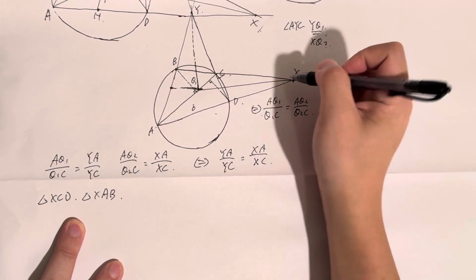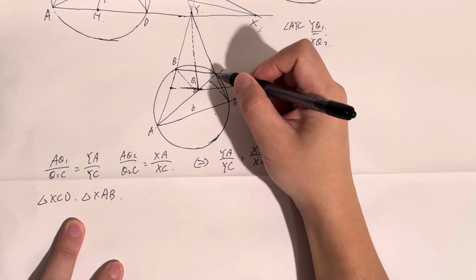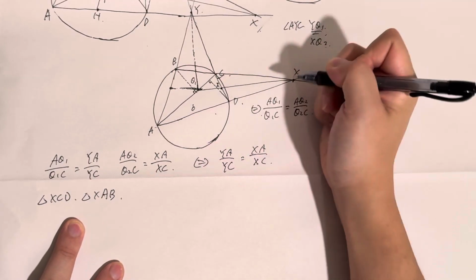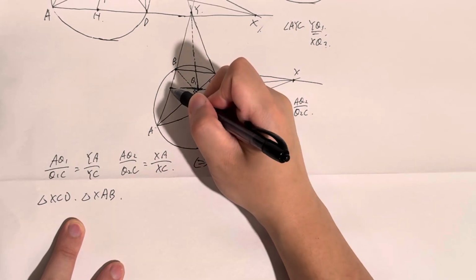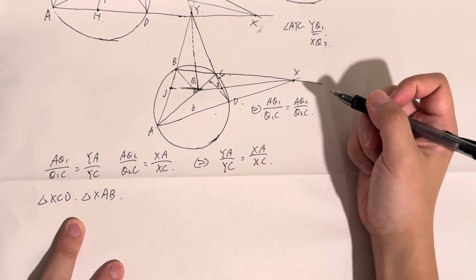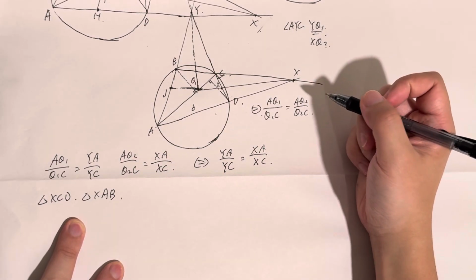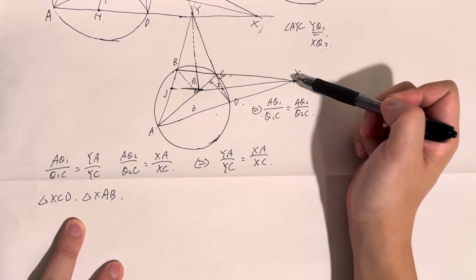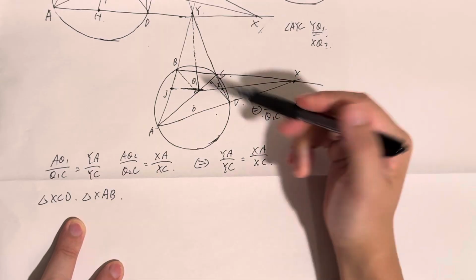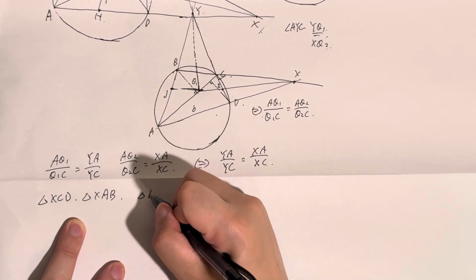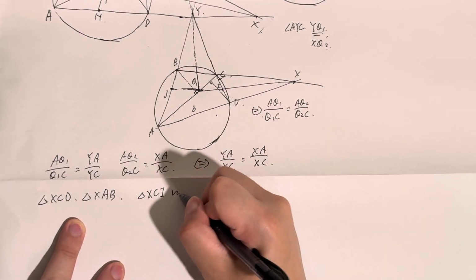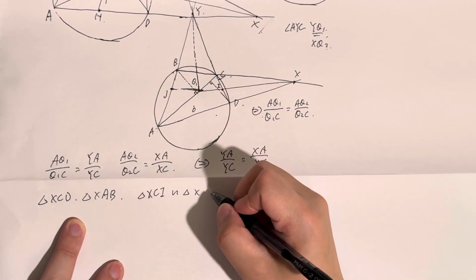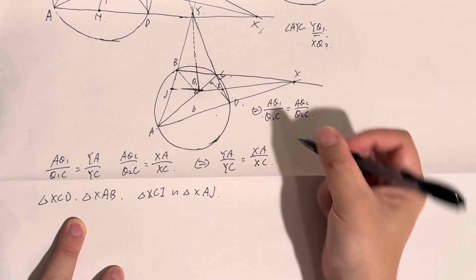And let's say XO2 meets CD at a point, let's call it I, and meets AB at a point, let's call it J, right? So we know that triangle XCD is similar to triangle XAB, and also triangle XCI is similar to triangle XAJ, right? How to prove that?